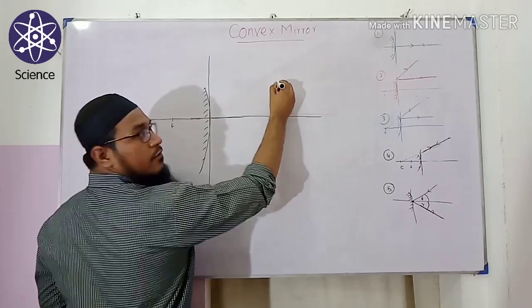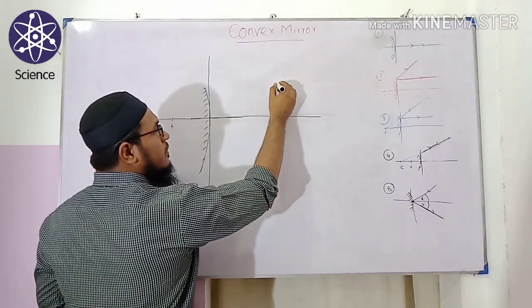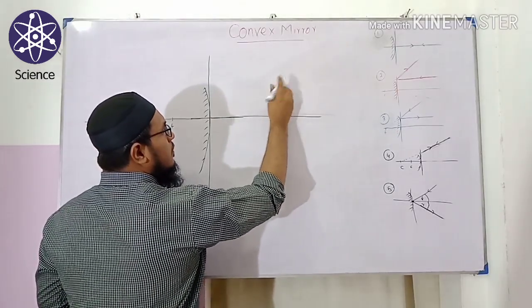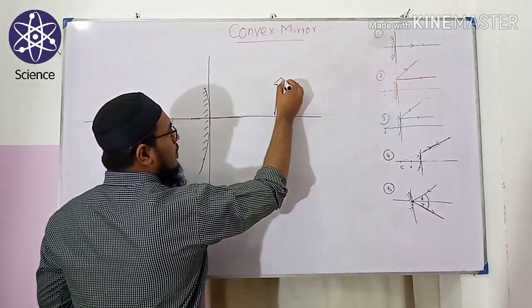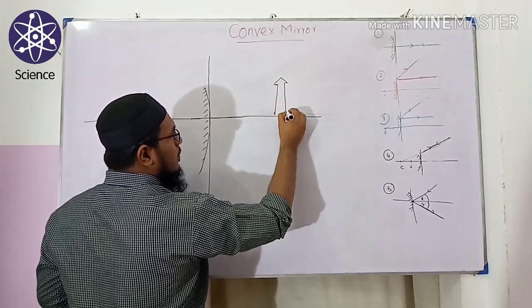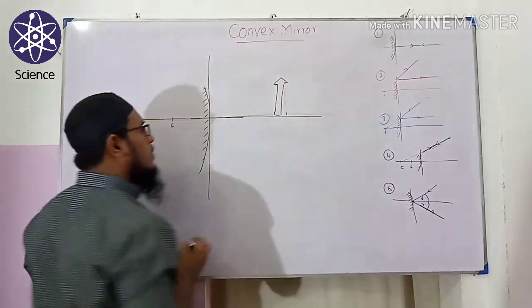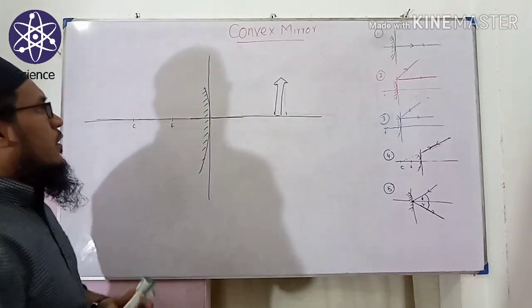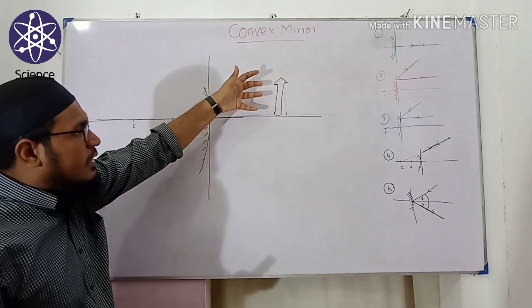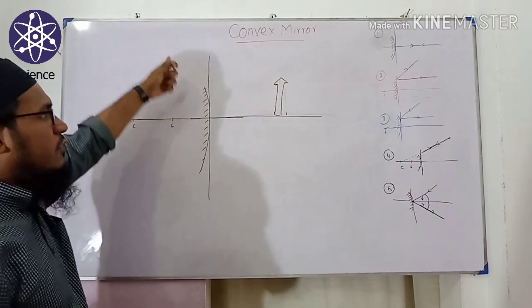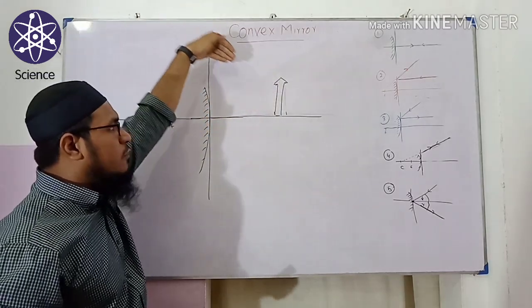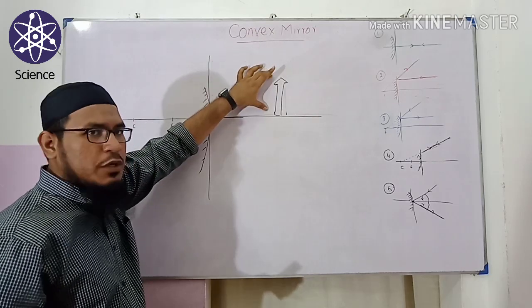Object here. There will be thousands of light rays emitted from this object. We know that from a luminous object, light rays fall on the non-luminous object.